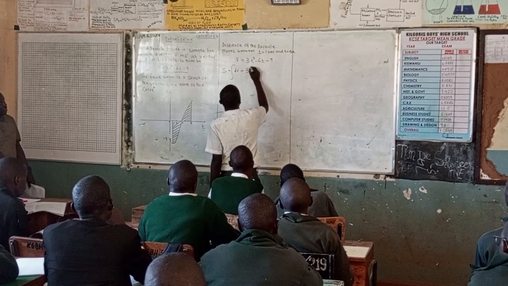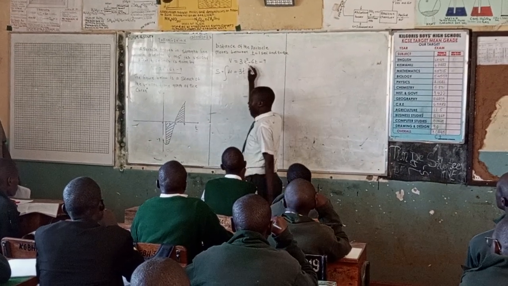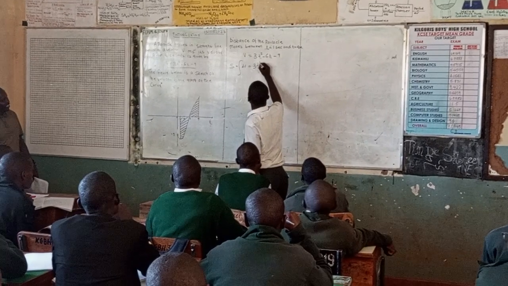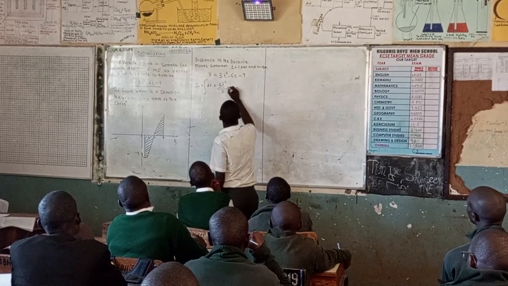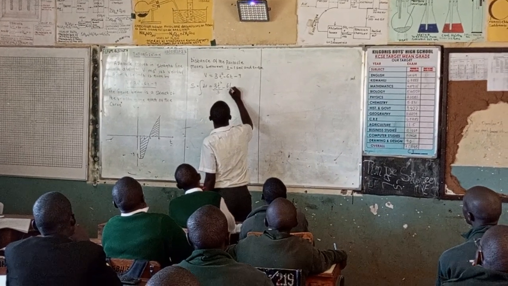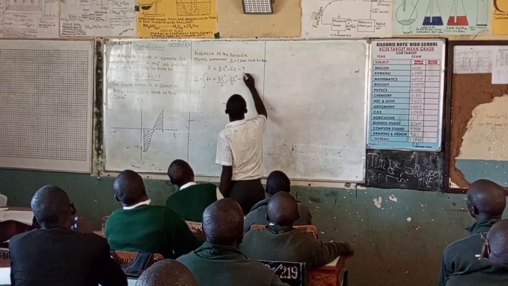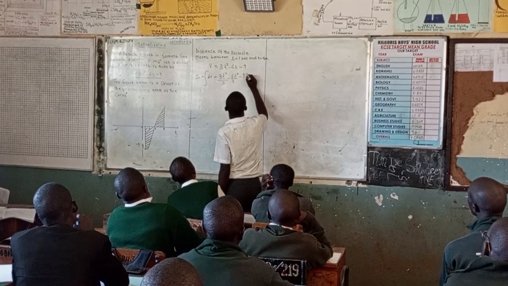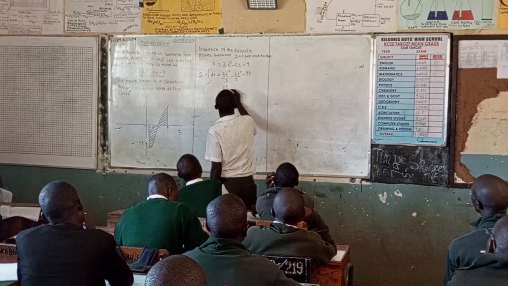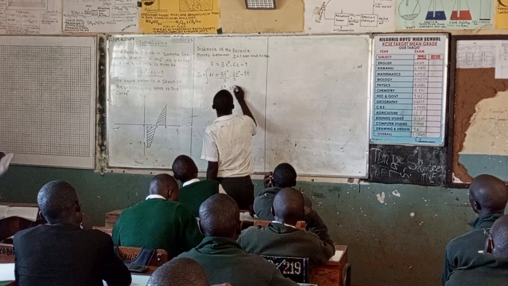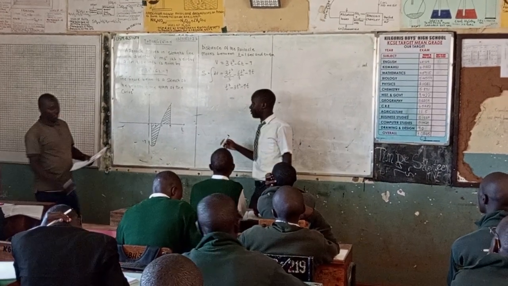Increase the power of t by 1 and divide by the new power, then the 9 will produce 9t. So it will be t cubed minus 3t squared minus 9t. Is it correct? Yes. Can you clap for him?